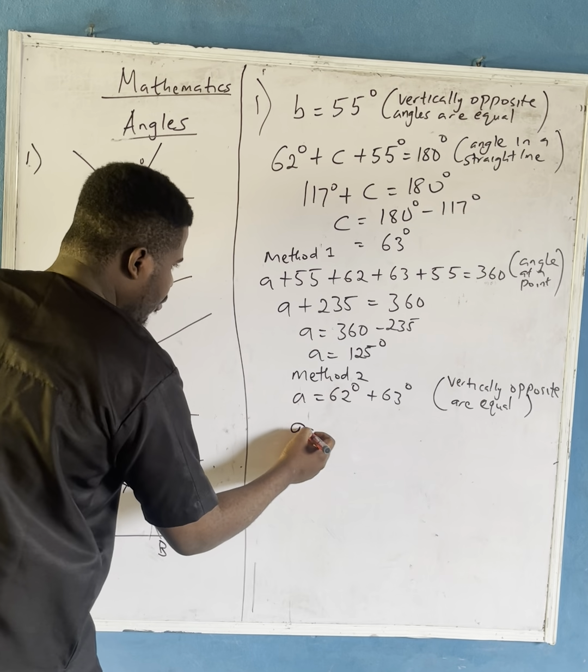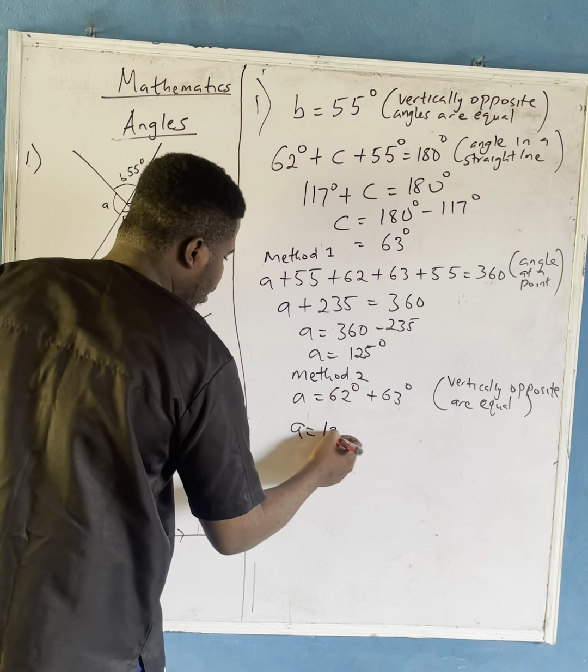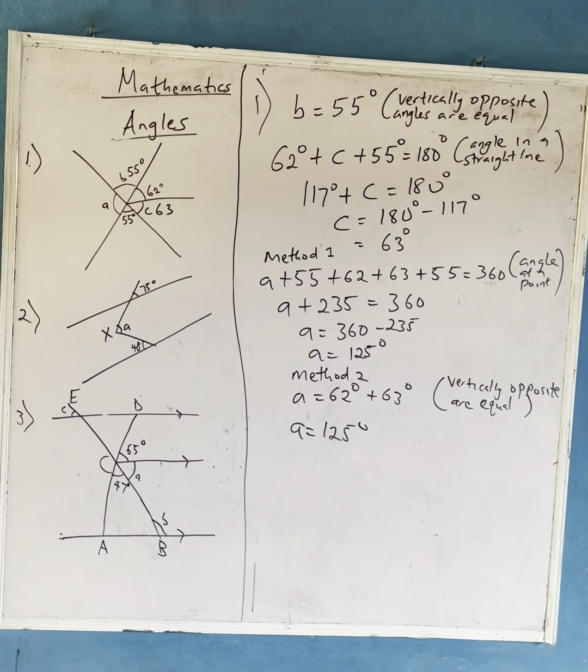So A will also give us 125 degrees. So that's the solution to the first one. A is 125 degrees, B is 55 degrees, and C is 63 degrees.